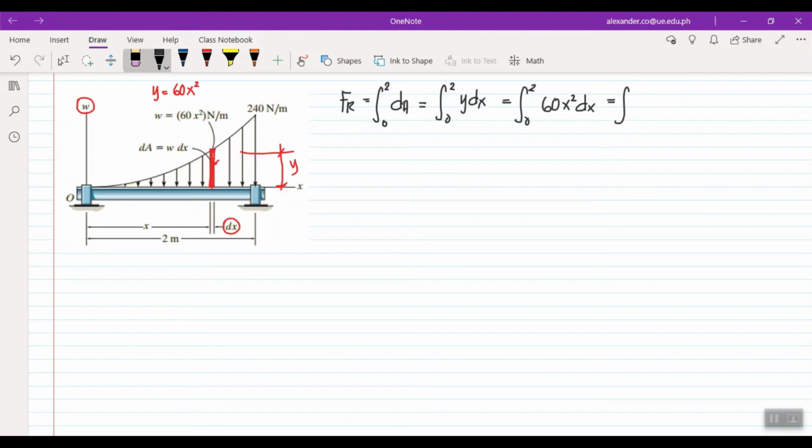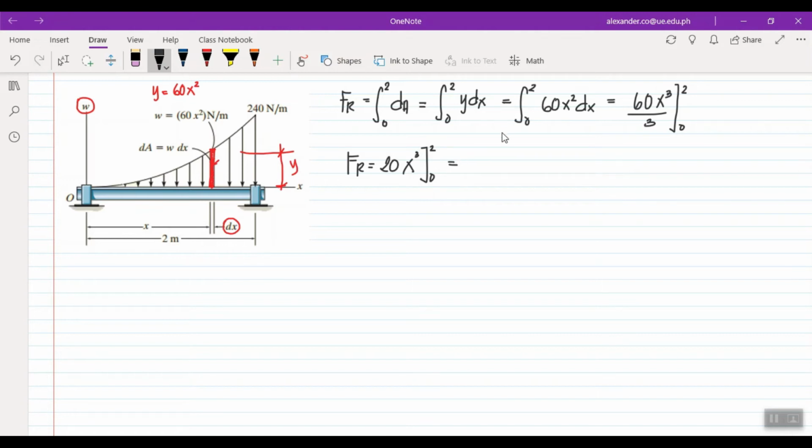It's now, wala na palang ano, no? Pwede na natin integrate. So, it's now 60 x cubed over 3. Di ba? So, from 0 to 2. So, ilan yan? So, F sub R is equal to 60 divided by 3, 20. Tama? Hindi na ako nag-calcu, ha? X cubed from 0 to 2.